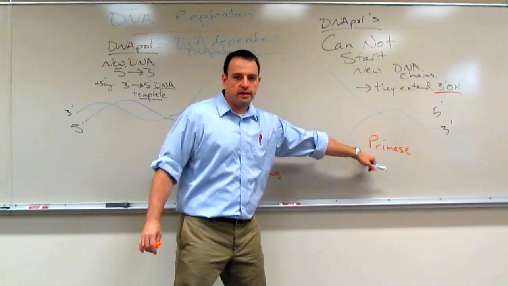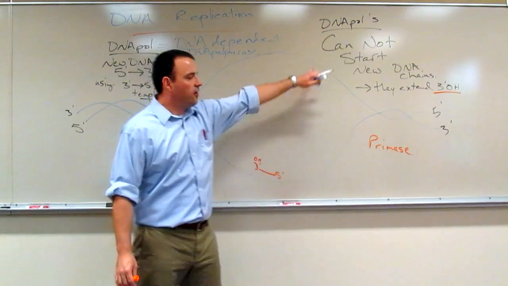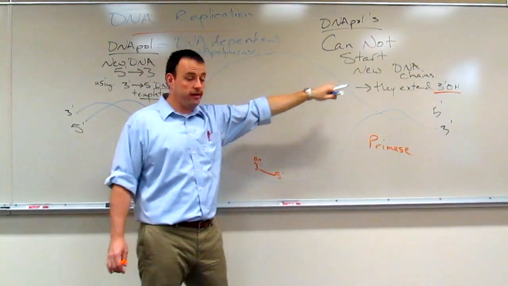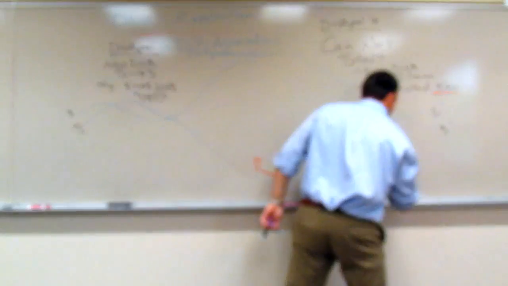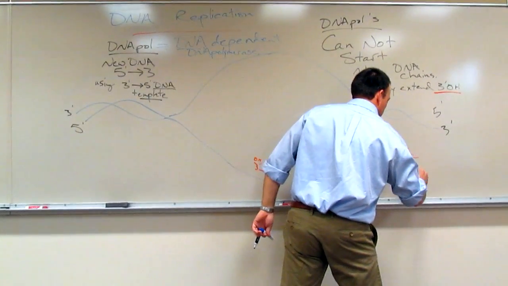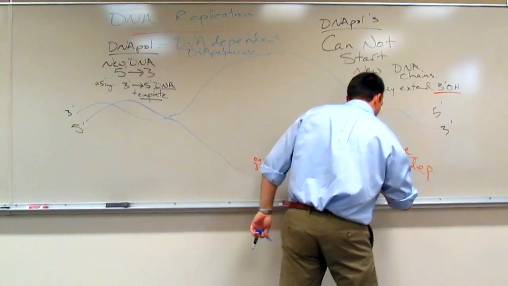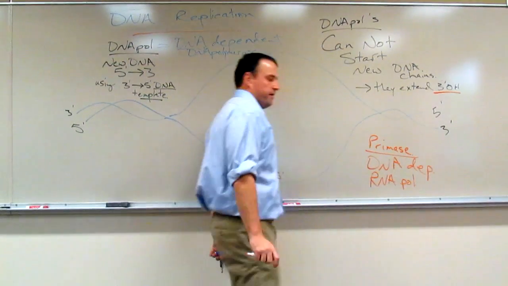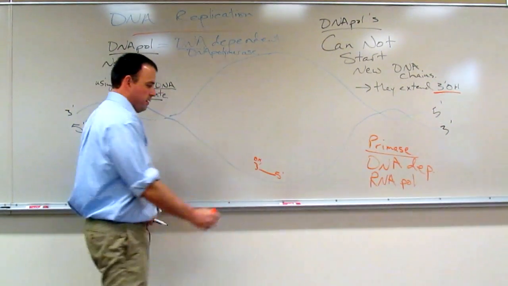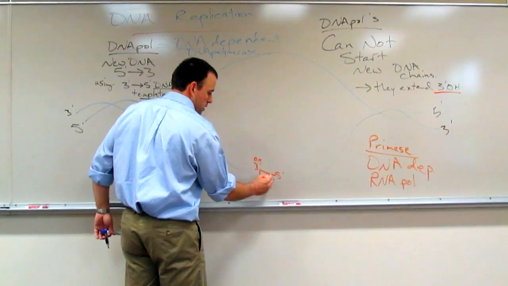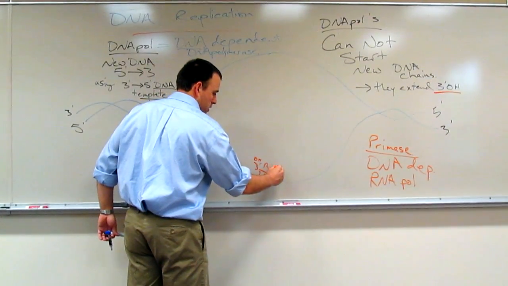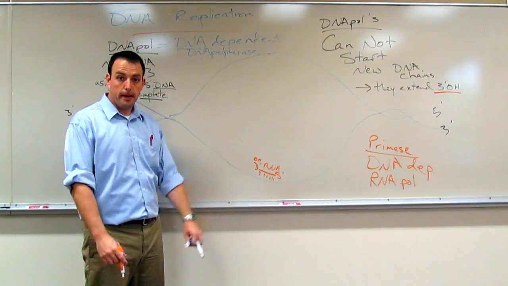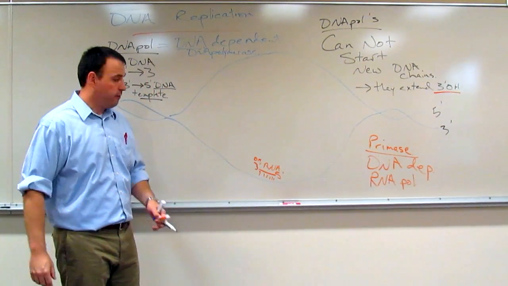But primase is not a DNA polymerase, because DNA polymerase cannot start new chains. So primase is a DNA-dependent RNA polymerase. It writes short strands of RNA complementary to DNA at the origin of replication. That's our first basic step for replication.